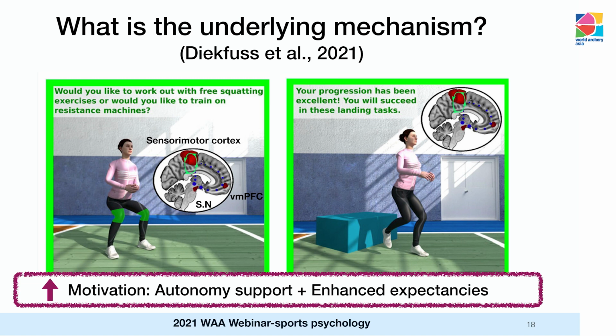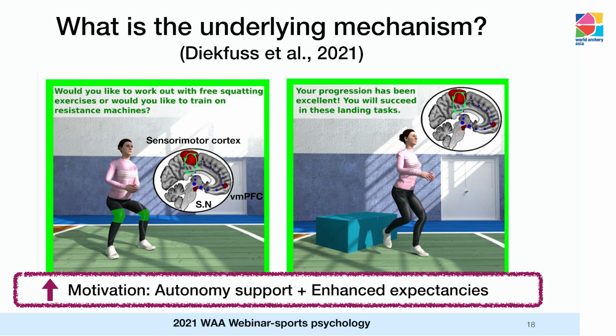So this kind of circuit can bring higher interaction between the cortex, and that might be more helpful for the execution of the movement.